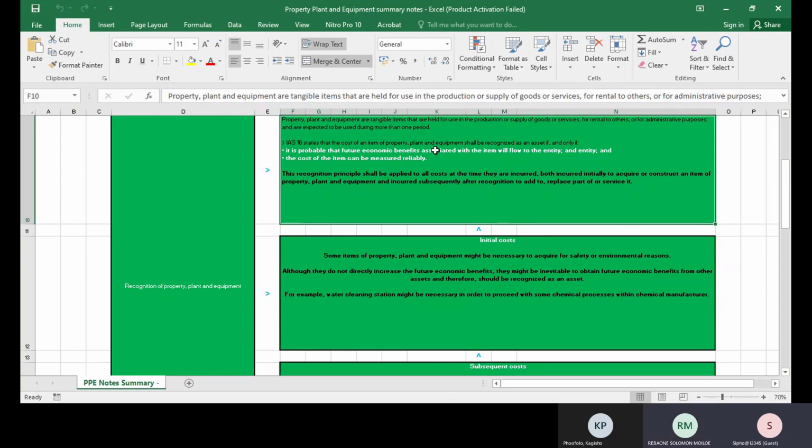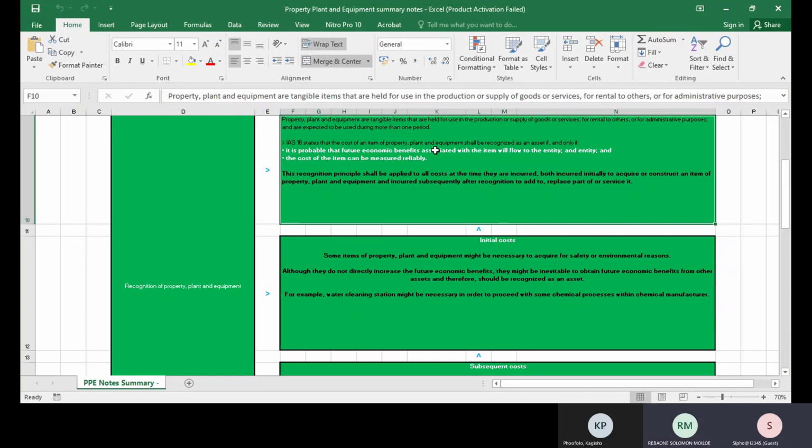For administrative purposes, in this case, you'll have administrative buildings like your offices. I don't know the company that you're working for, the building where you guys are working in. If that company owns that building, they are using it for administrative purposes, because that's where all decision making takes place, employees are housed and all that, right?